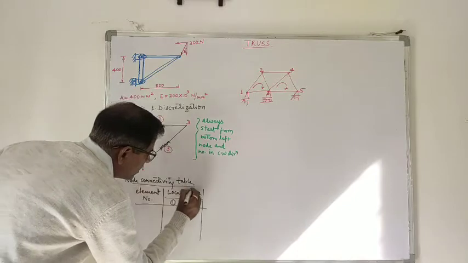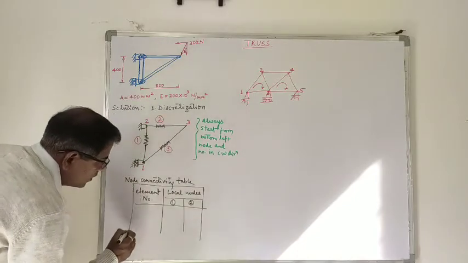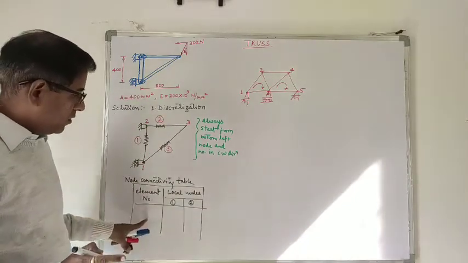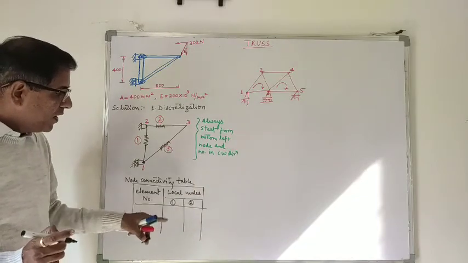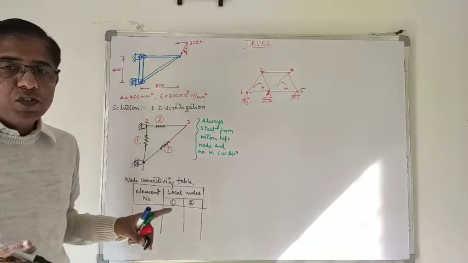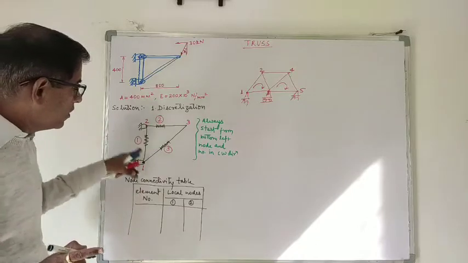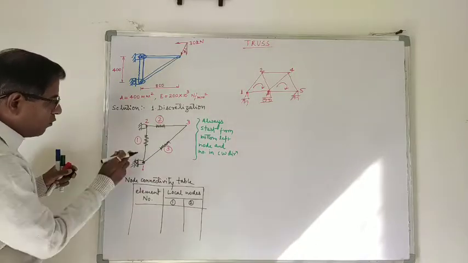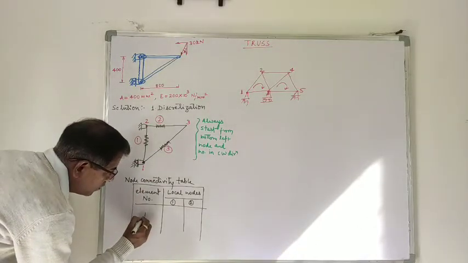This table is very, very important. So you need to define which is your first local node and which is your second local node in all the 3 elements. Now element number 1.